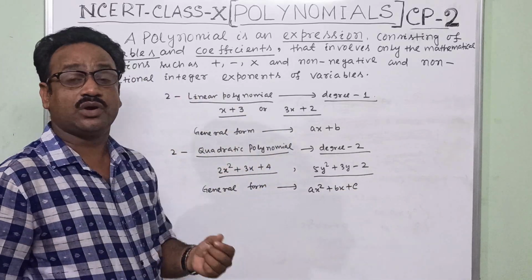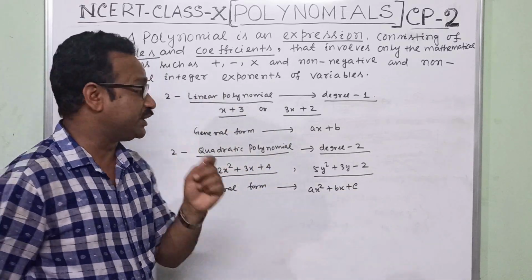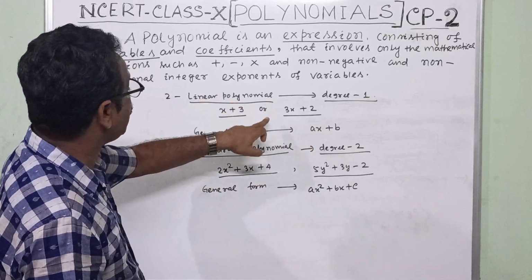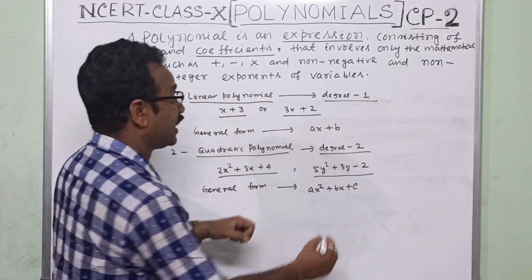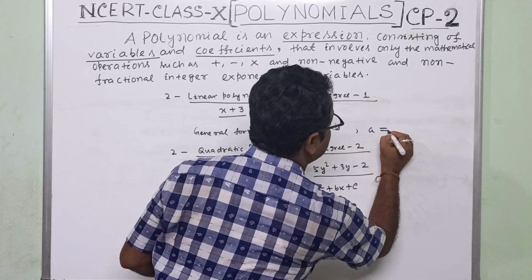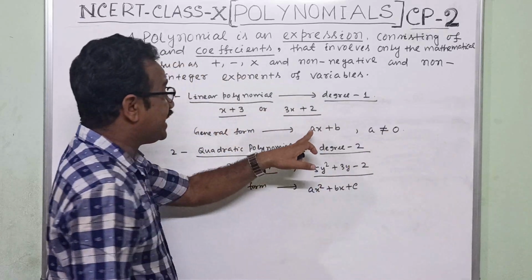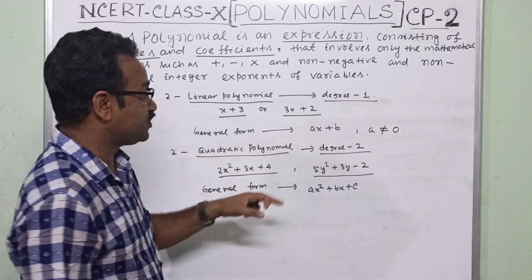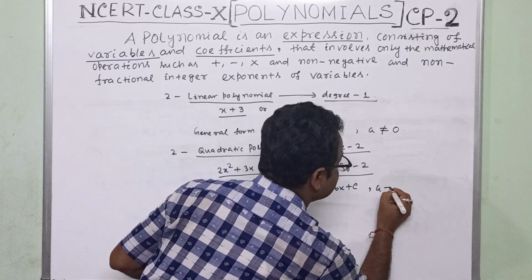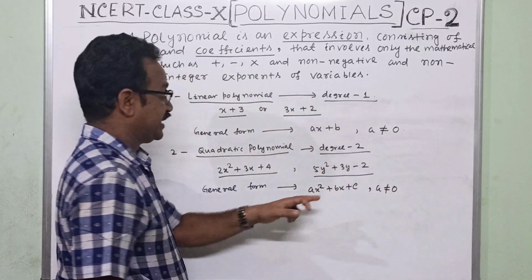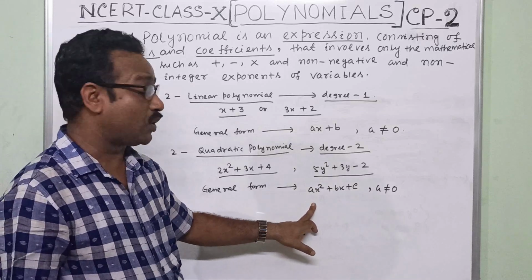Here one thing you have to note down very carefully. General form of linear polynomial is ax plus b. But here, comma, a is not equal to 0. A cannot be 0. Here also, a is not equal to 0. Here also, a cannot be 0.